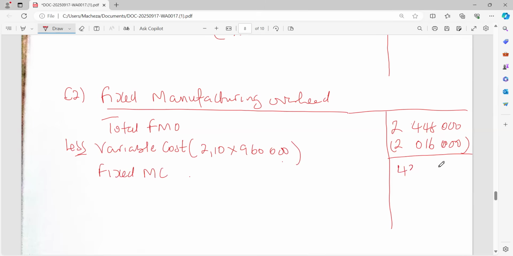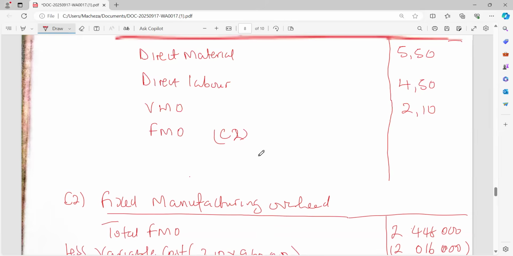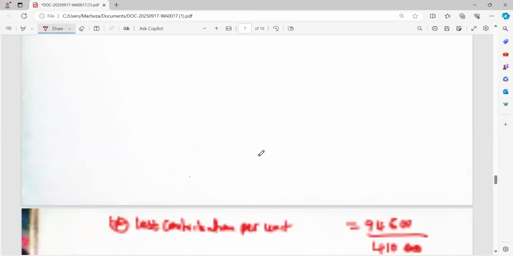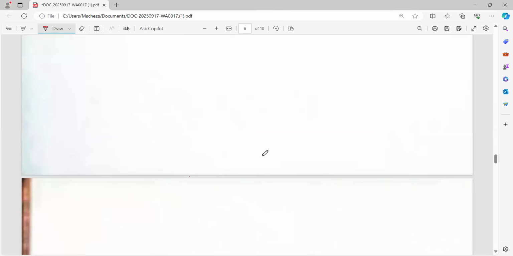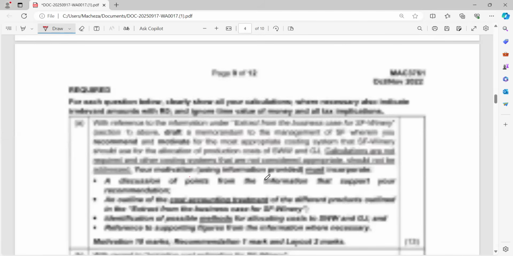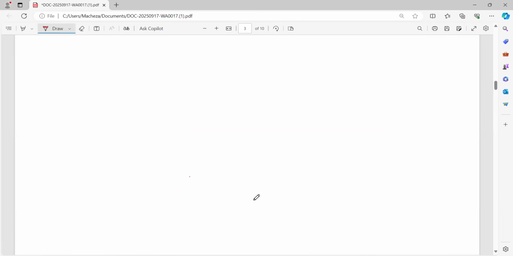We now have our fixed. This is what we wanted here. Remember, the question says we apply fixed manufacturing overheads based on normal capacity. So our normal capacity is 960,000. Let's go to the question and double check.